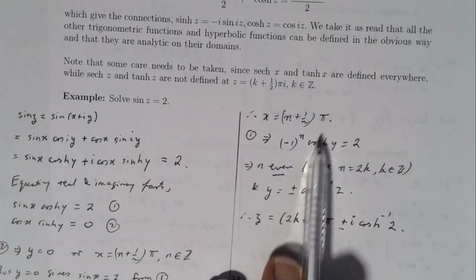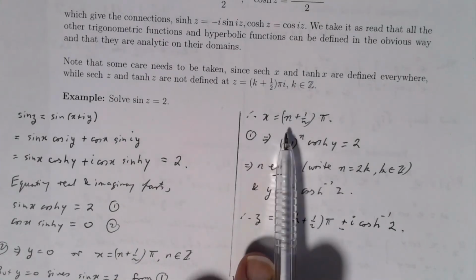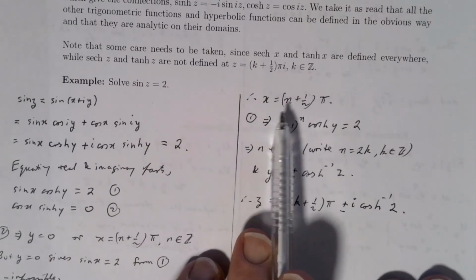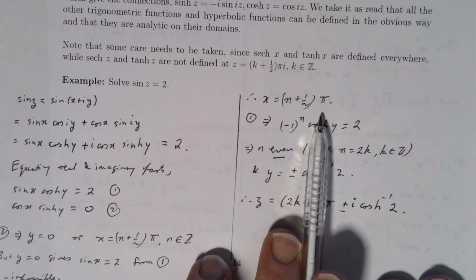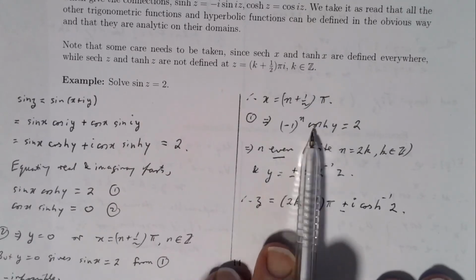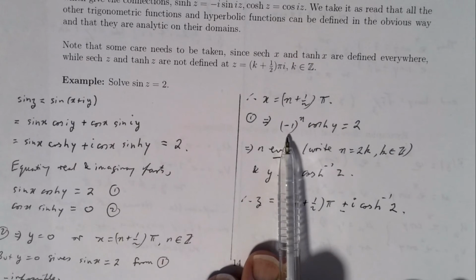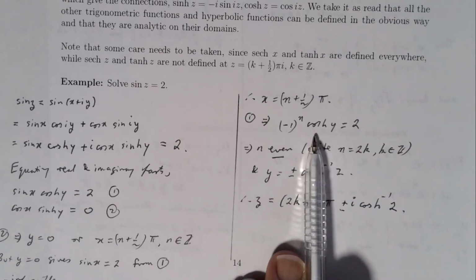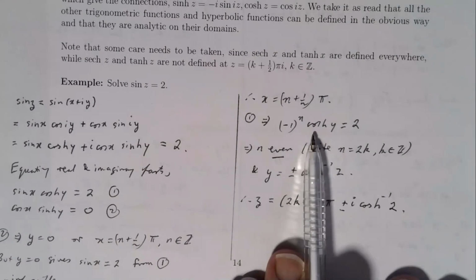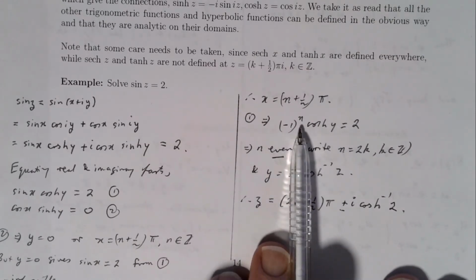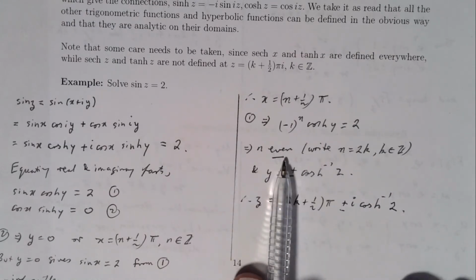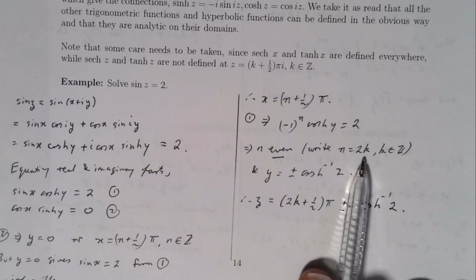So therefore x is (n plus a half) pi. Now, if we plug this back into equation 1, then when you work out the sine of (n plus a half) pi, you get plus or minus 1. In fact, you get plus 1 if n is even, minus 1 if n is odd, and you can capture that by writing (minus 1) to the n times cosh y is 2. Now the cosh curve in the real plane is always bigger or equal to 1, and so if n is odd, this will give me cosh y is minus 2, which is no good, so therefore n must be even, and I'm going to write n as 2k, where k is an integer.